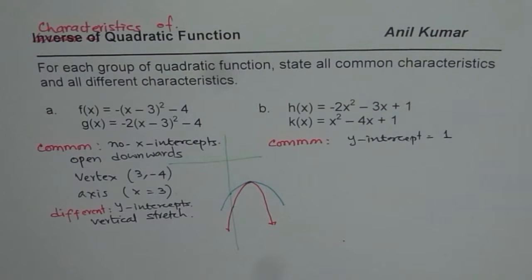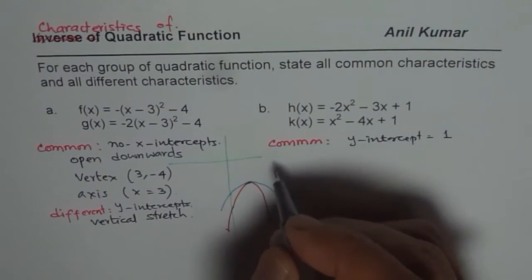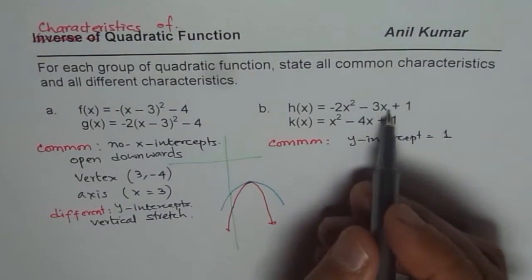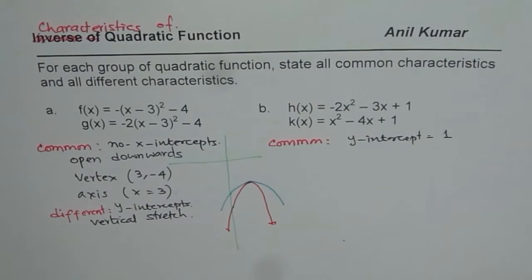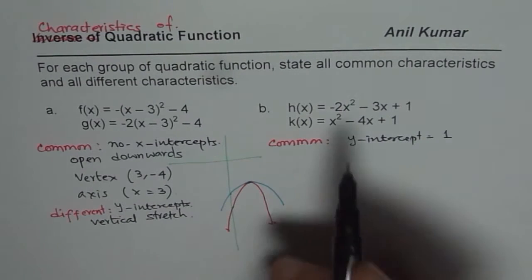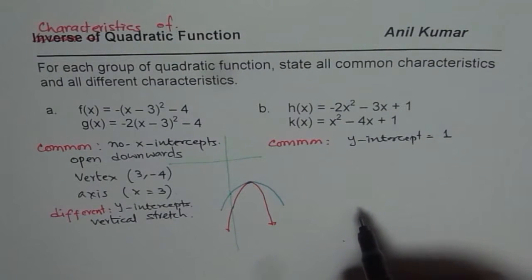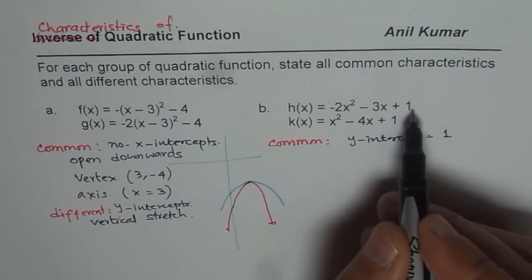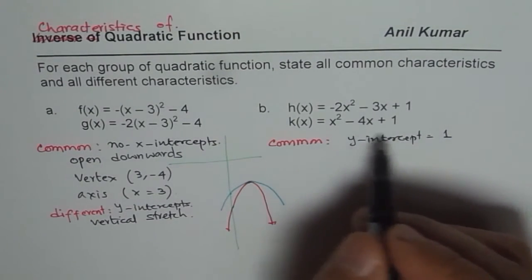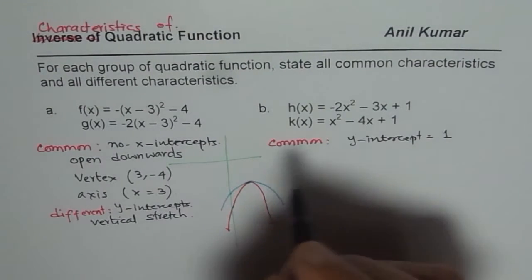Now we are not sure about the other characteristics which could be common. So what we will do here is investigate to find their roots and hope that we'll get most of the things different. So let's calculate the roots for each and then write down different and common characteristics.